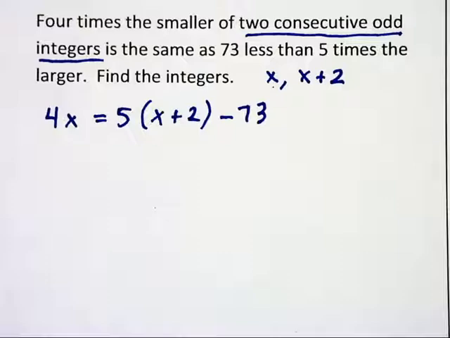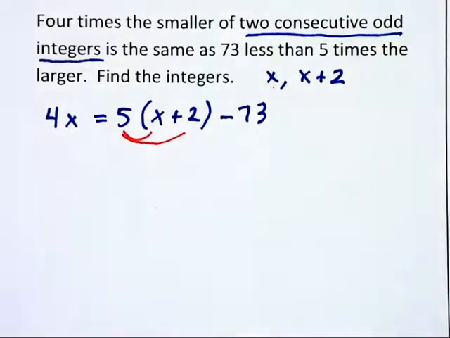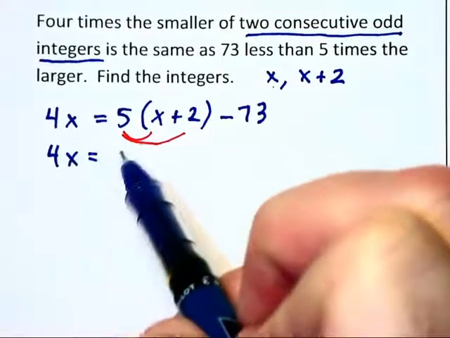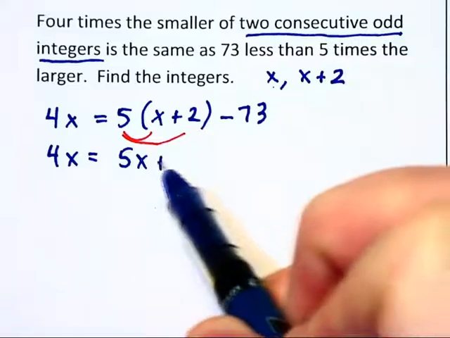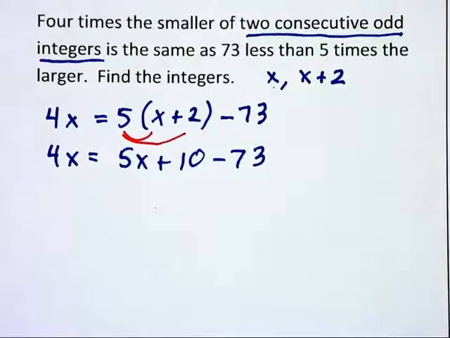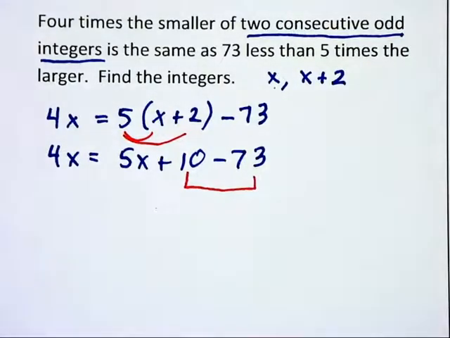Okay, now we have a linear equation to solve, and we want to begin by distributing the 5 on the right-hand side. Our equation now becomes 4x equals 5x plus 10 minus 73. And then we have some like terms on the right-hand side which we can combine together.